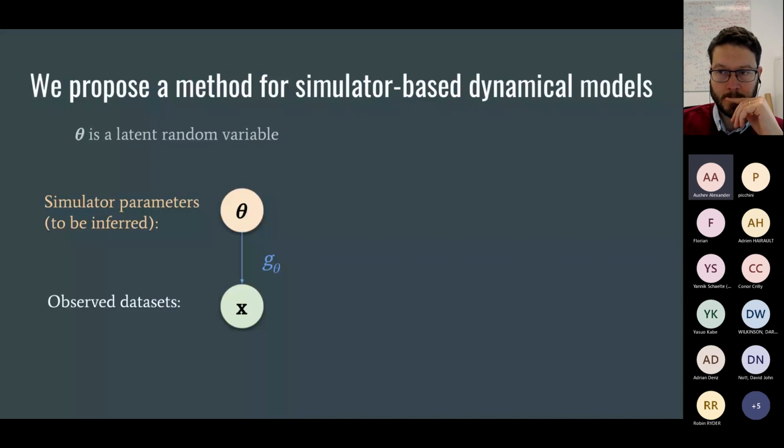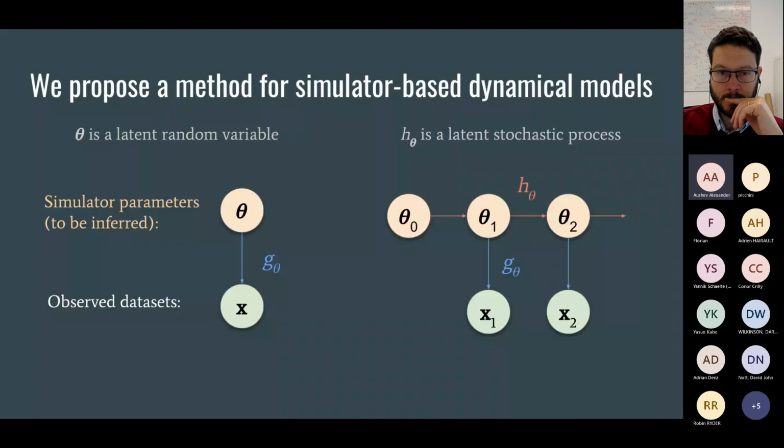In the setting that we will consider in the second part, thetas change according to some unknown latent stochastic process.